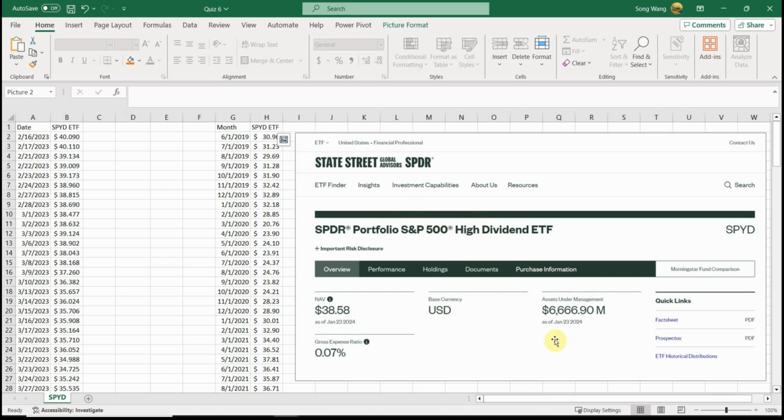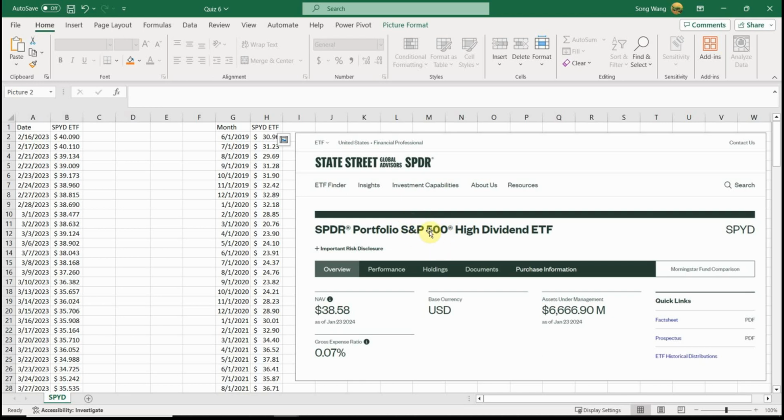As you can see, the assets under management is $6.7 billion, but the market capitalization of all the 500 stocks in this index is much larger than that. Apple by itself is $2 trillion. It's much larger than this ETF. So the ETF at the bottom line is a portfolio including the stocks that were included in the Standard & Poor 500 index.